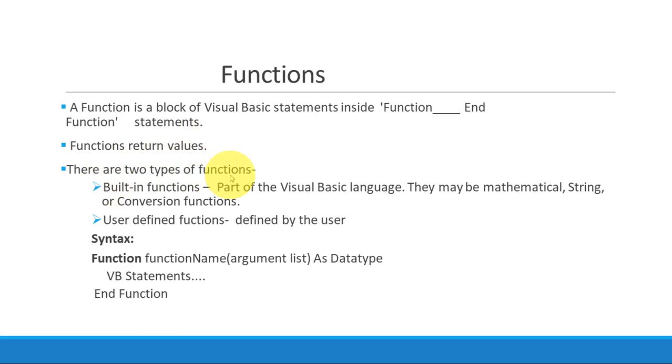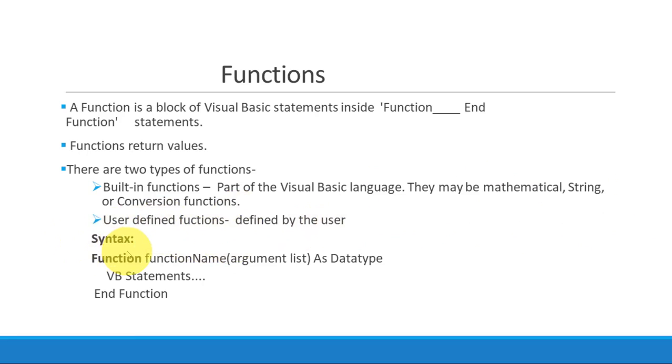There are two types of functions: built-in functions and user-defined functions. Built-in functions are inbuilt in VB.NET, part of the Visual Basic language. They may be mathematical functions, string functions, or conversion functions. User-defined functions are defined by the user.